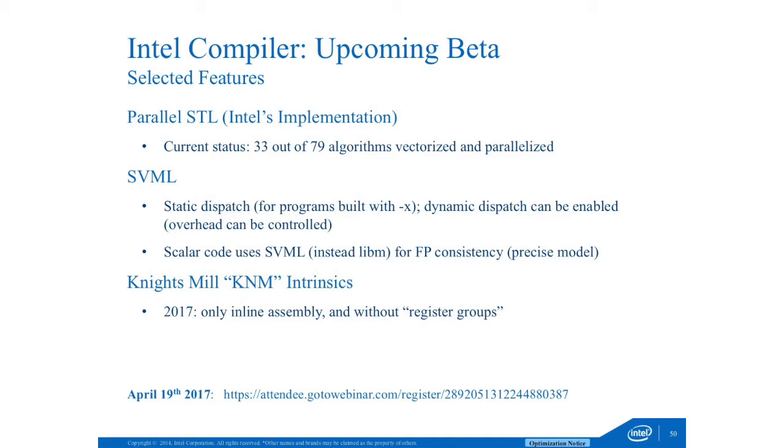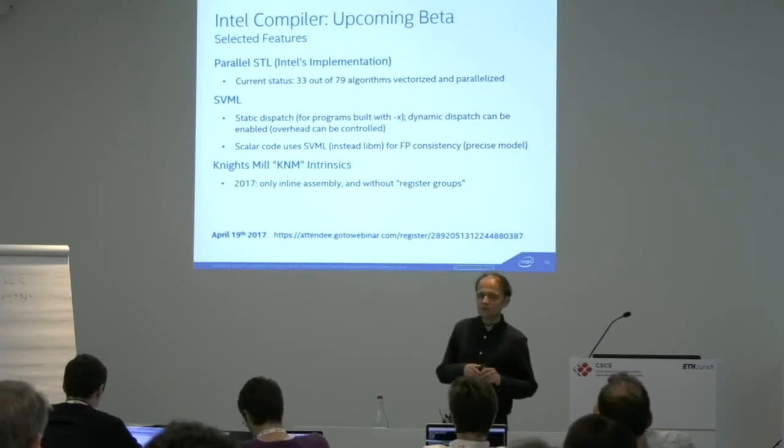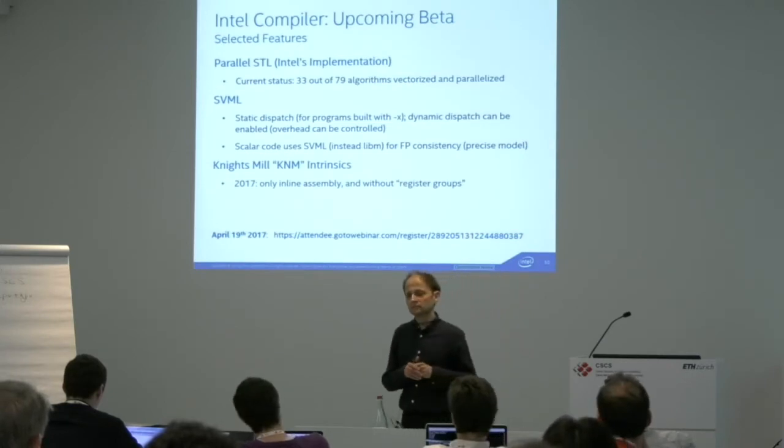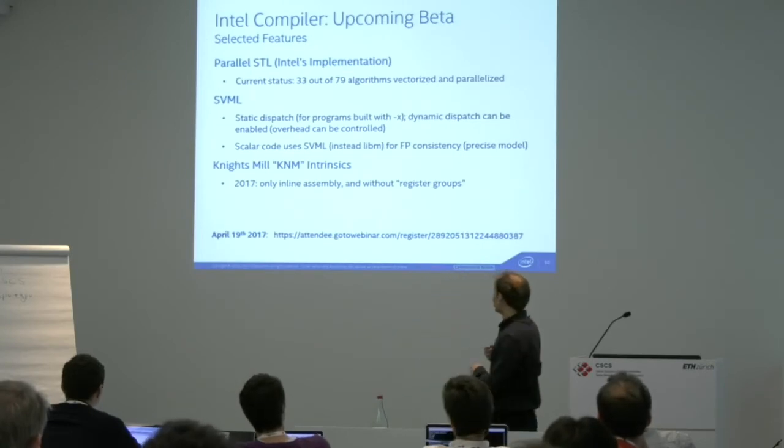Actually, there is something else. We could talk forever, but I will just send this by email. For those C++ fans, we have an Intel implementation of parallel STL. I see some of you wake up.